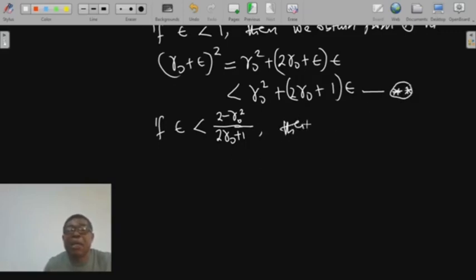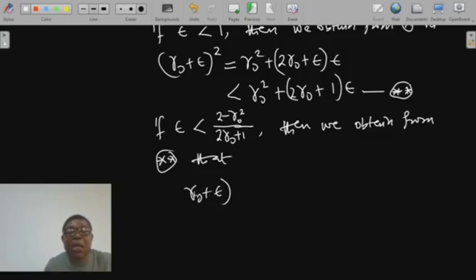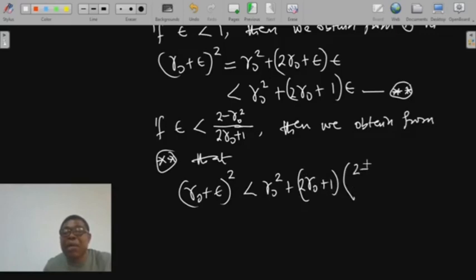Then we obtain from star, star that (gamma naught plus epsilon) all squared will be less than gamma naught squared plus (2 gamma naught plus 1) times (2 minus gamma naught squared) all over (2 gamma naught plus 1).